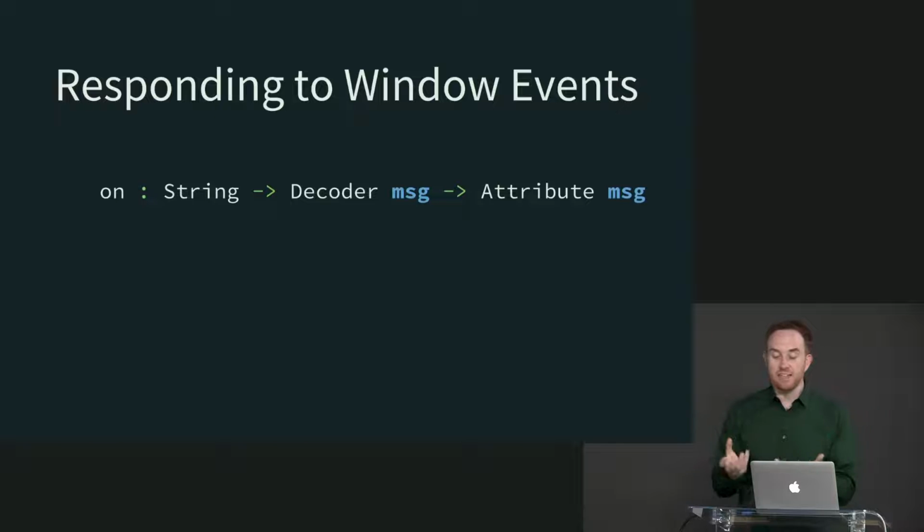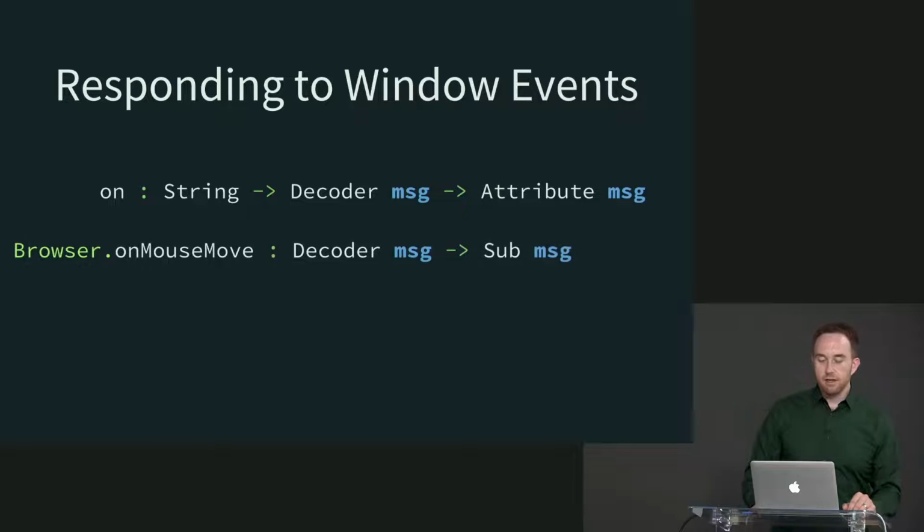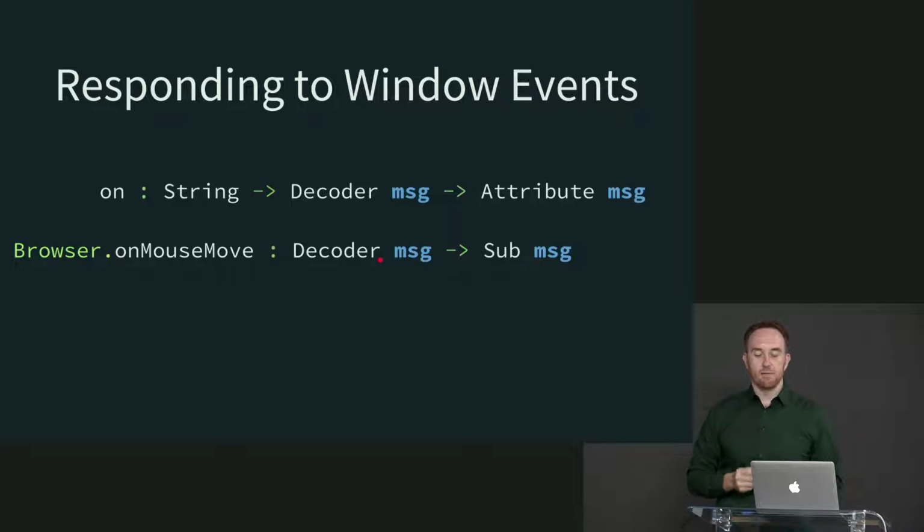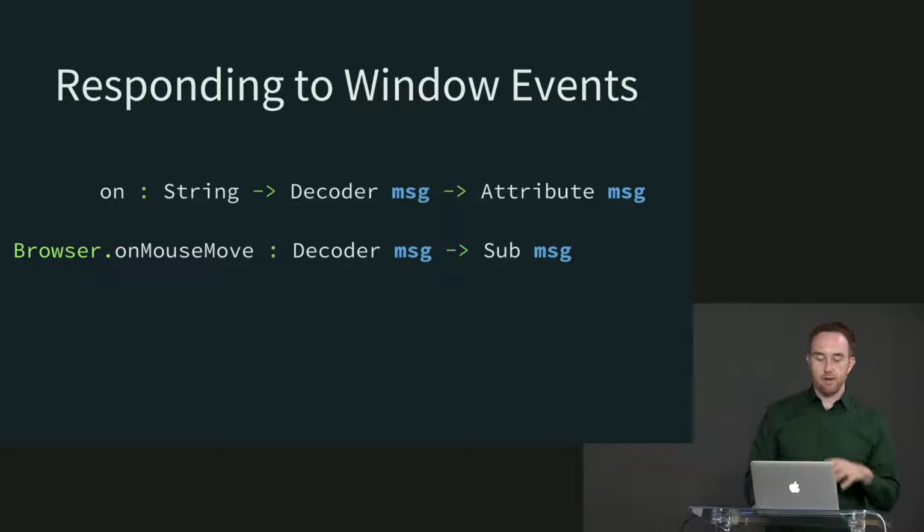That doesn't work. The window doesn't have attributes. So here's what we do instead. There's a function called browser.onMouseMove, and it has the same idea of, give me a decoder, and that will describe how to deal with this event object that it's going to get every time the user moves the mouse anywhere in the window. But it gives back this new value that we haven't seen before called a sub, which is short for a subscription.